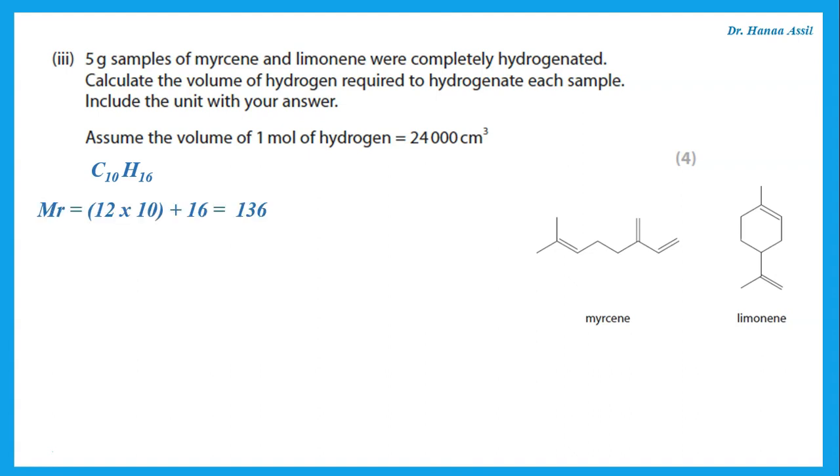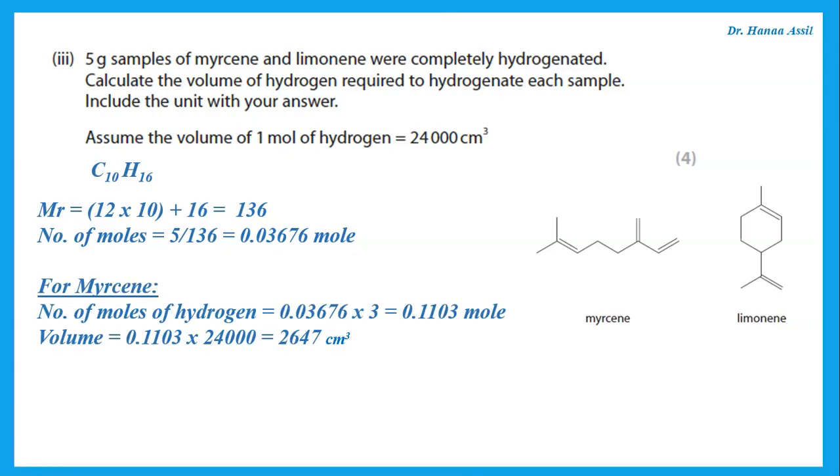So if we're starting with 5-gram samples of myrcene and we said each of them has a formula of C10H16, I can get the MR. The MR for each of them is 136. Use that to get the number of moles for each of them. We have 5 grams of each, so 5 over the MR, mass over molecular mass. This is the number of moles for each of them. Now, you should realize we said myrcene has 3 double bonds.